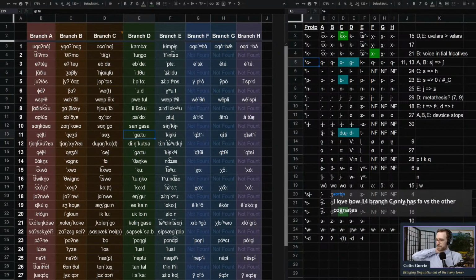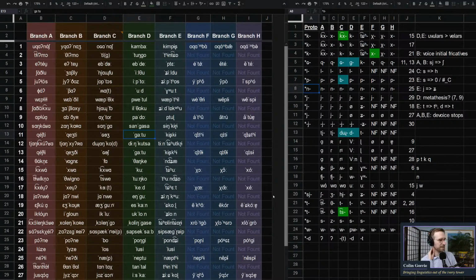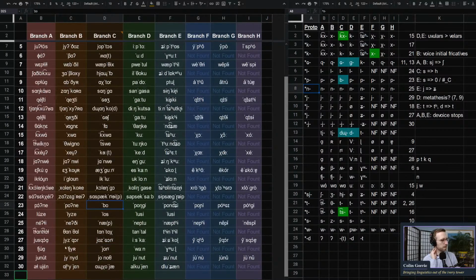Okay. And in that case, maybe this P is actually a B. Just because the majority of the branches have a reflex doesn't mean that that is the proto-reflex, because we don't know what the branching scenario was like.